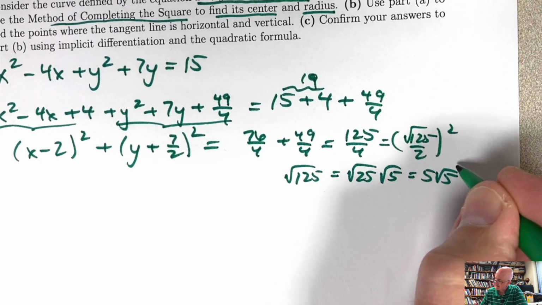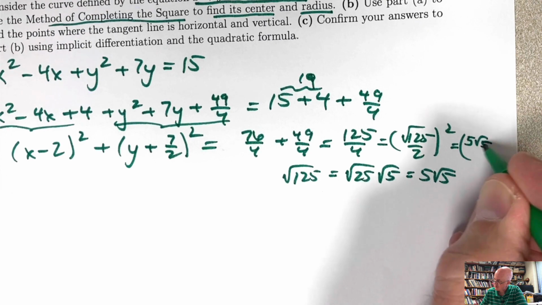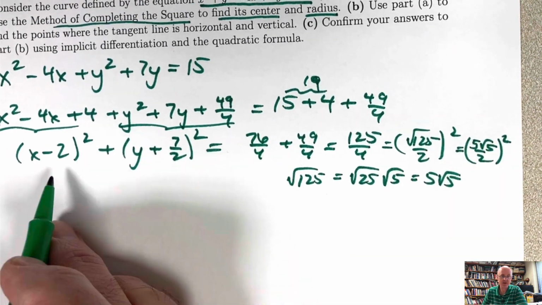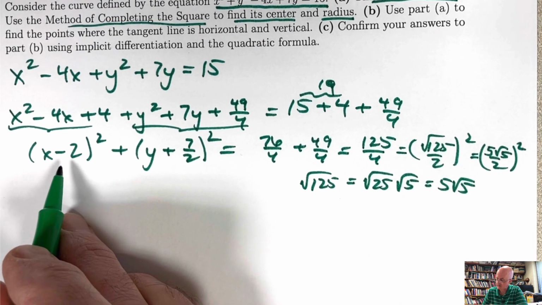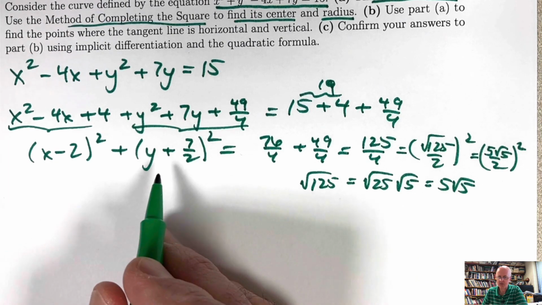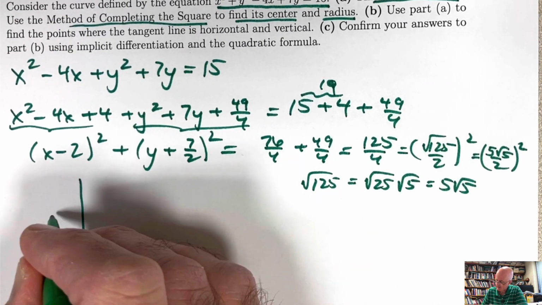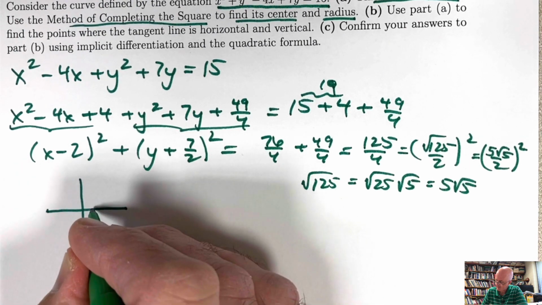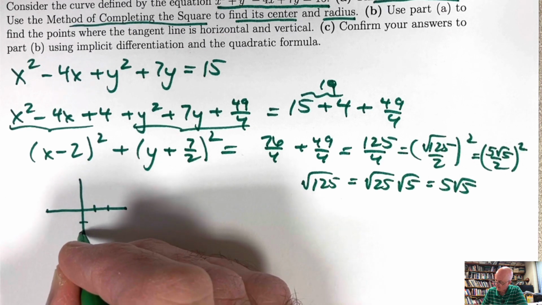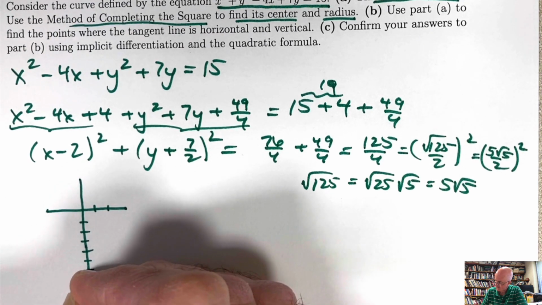So it looks like the radius of this circle is going to be 5 root 5 over 2. That's the quantity that's squared. And the center of the circle is going to be at the point with coordinates 2, -7/2, or 2, -3.5. So if I was going to sketch this circle quickly, center is at x equals 2, y equals -3.5.